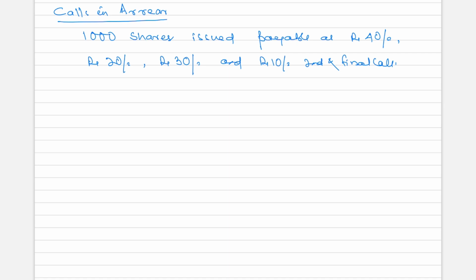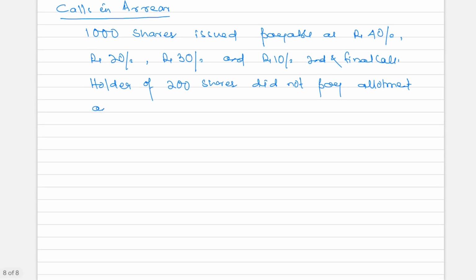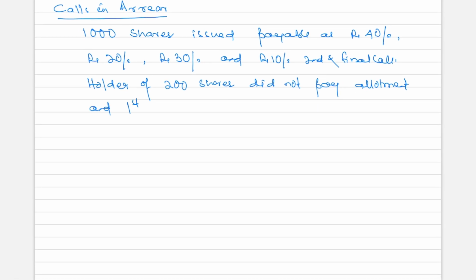And the question says the holder of 200 shares did not pay allotment and first call, which they paid with the second call.